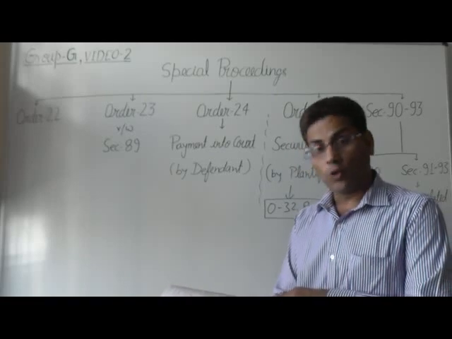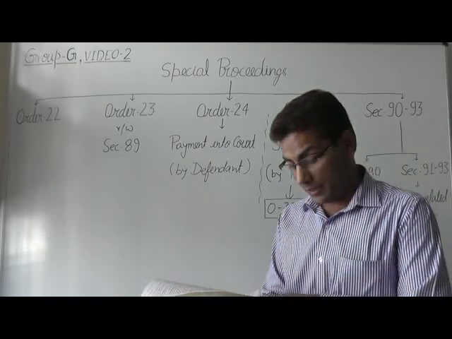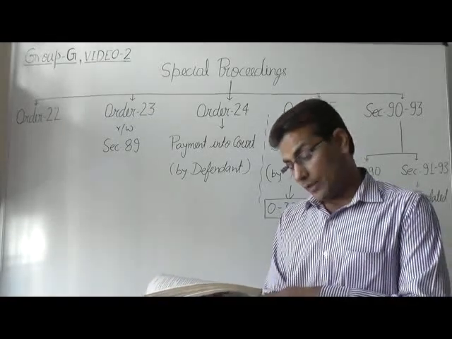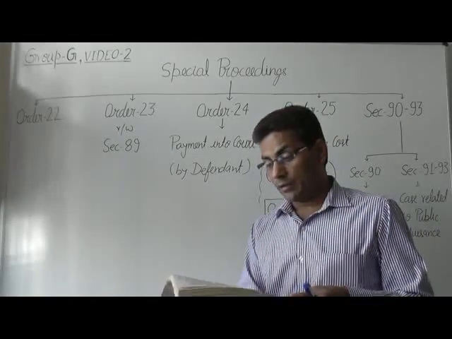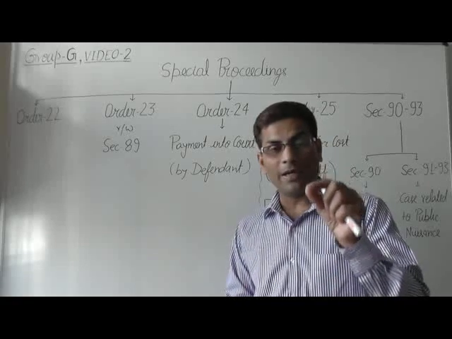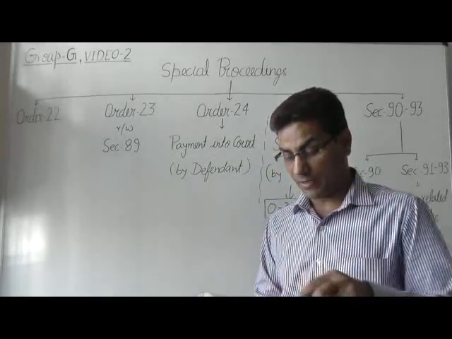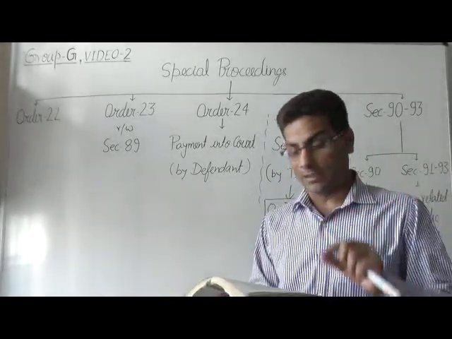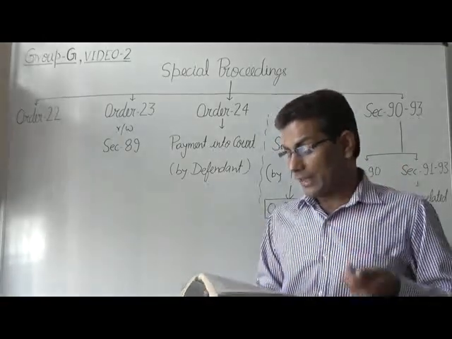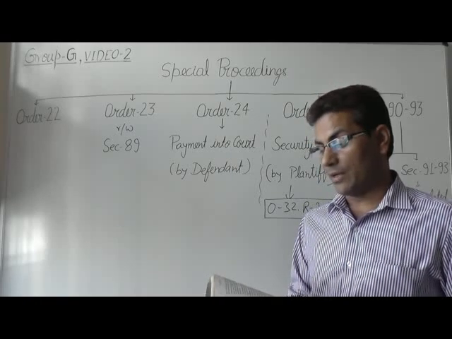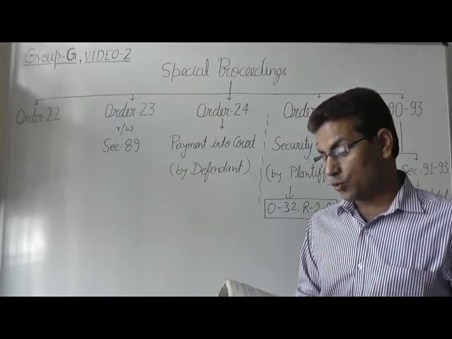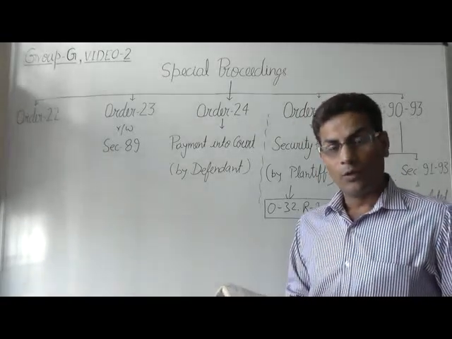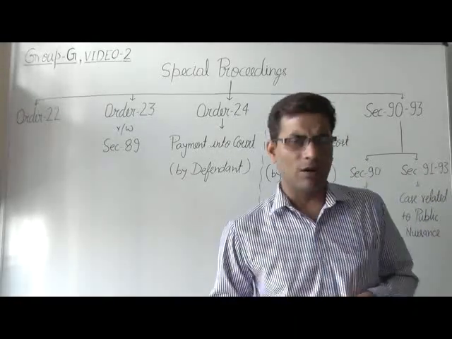At any stage of a suit, the court may, it means it is the power of the court, either of its own motion or on the application of any defendant, order the plaintiff, for reasons to be recorded, to give within the time fixed by it security for the payment of all costs incurred and likely to be incurred by any defendant.